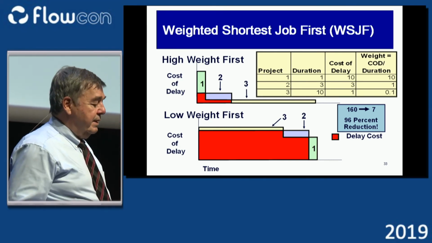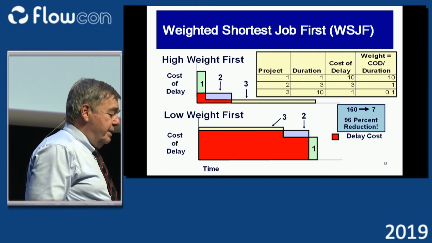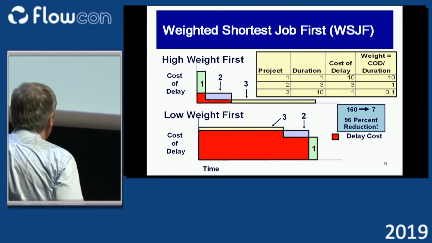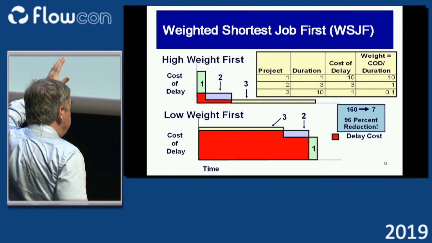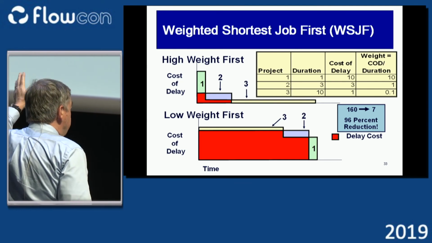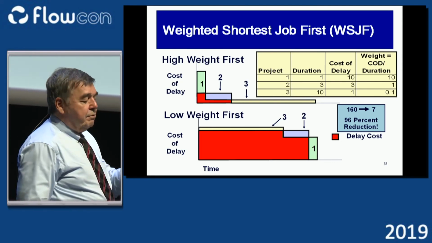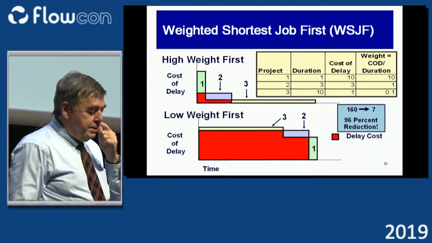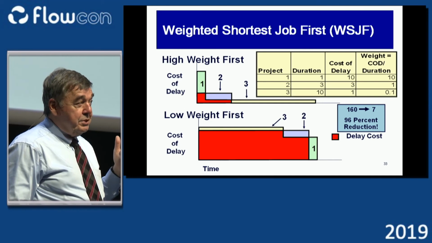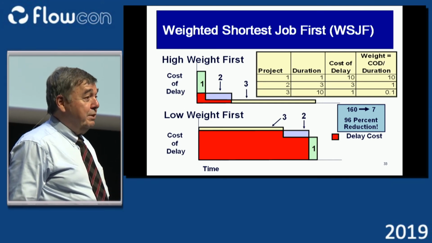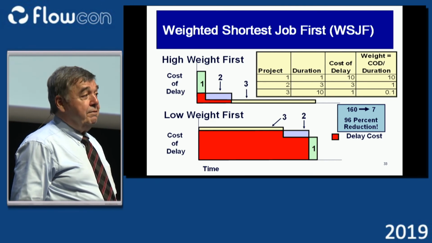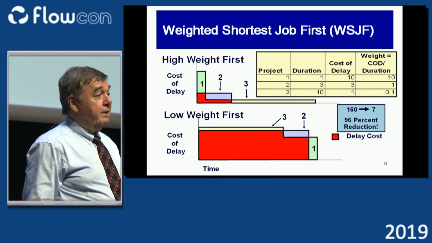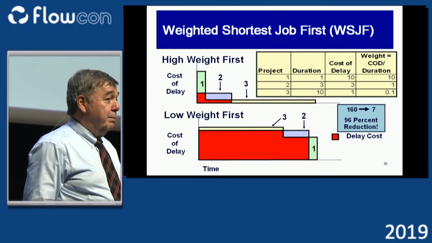The intent is to delay the jobs that have the low cost of delay to do the jobs that have the smallest duration. I've just graphed this using the same method of showing the delay cost as the red shaded area. And what you see is a 96% reduction in delay cost without changing the number of jobs, the capacity, the demand, or even the number in the system.